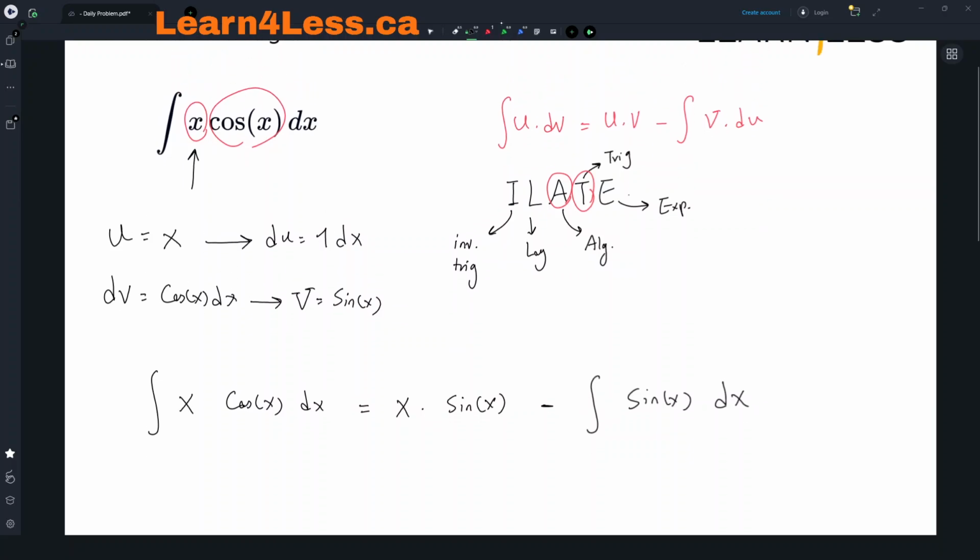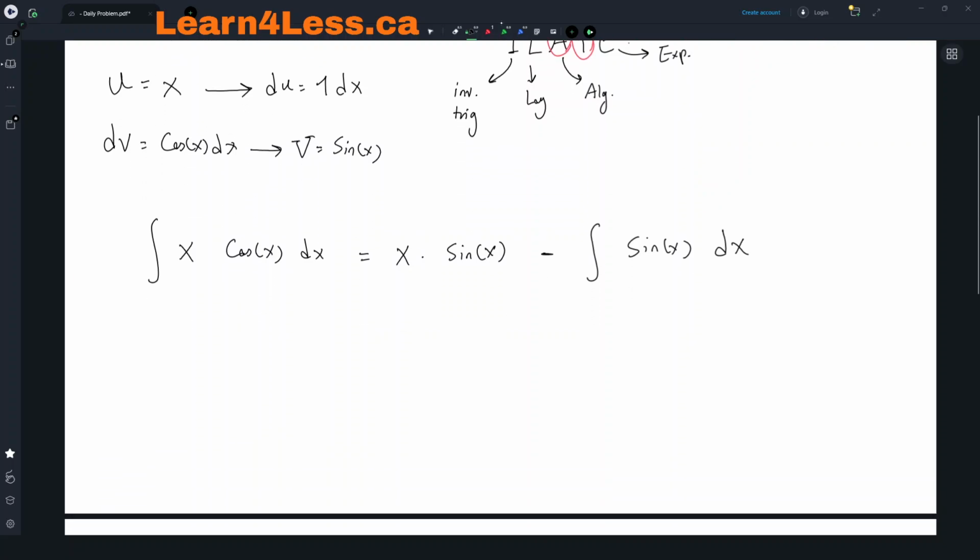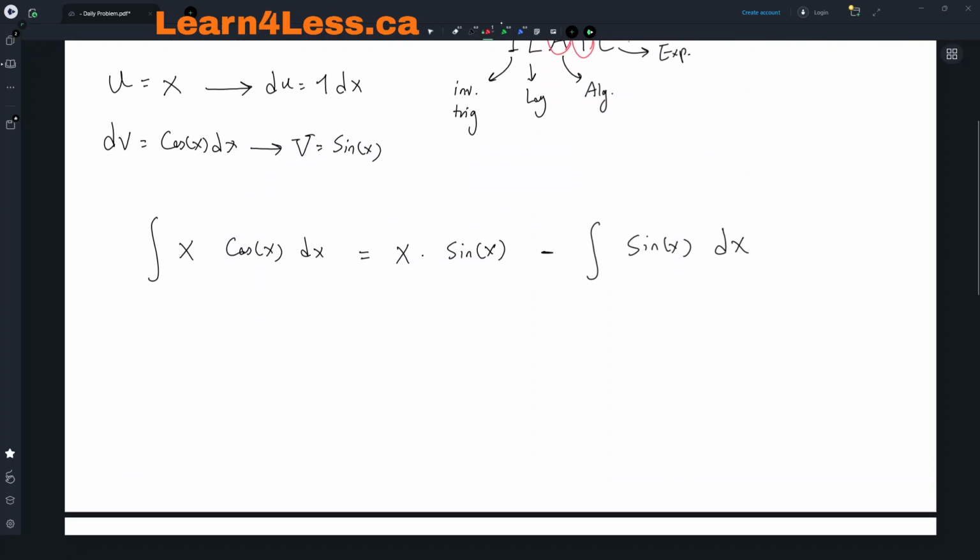The idea is we start with an integral and we still have another integral, but the second integral is way easier. It's supposed to be a simpler integral. Just showing that here, this is u, this is dv, and now we have u, v, and this is v, this is du.